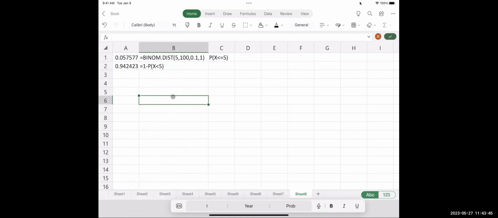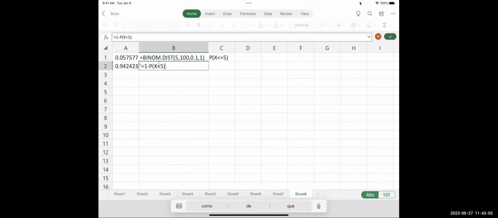Okay, less or equal to 5 on the equation. Yeah, less than or equal.